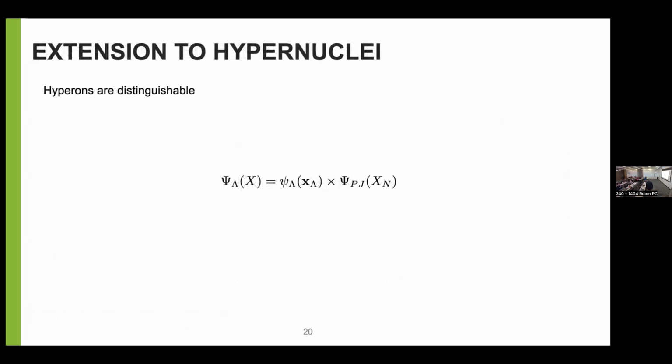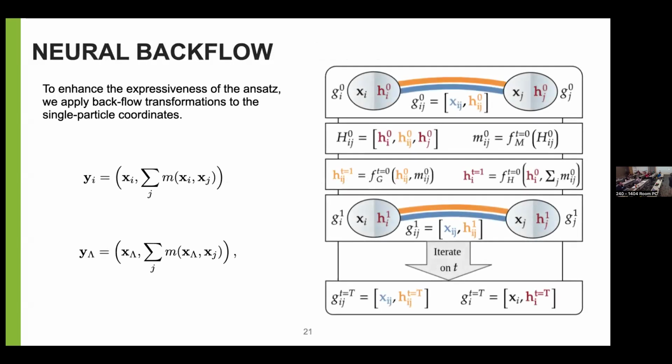What we do, though, that is new here in a sense, is that hyperons are distinguishable. So what we can do really is to simply multiply the wave function of the hyperons and the antisymmetric function for the nucleons. So the X now denotes both the coordinates of the nucleons and of the hyperons, but the total wave function is just the product of the two. Of course, this is not general enough. What we do to make it more general is to add backflow transformations that are based on graph neural networks.